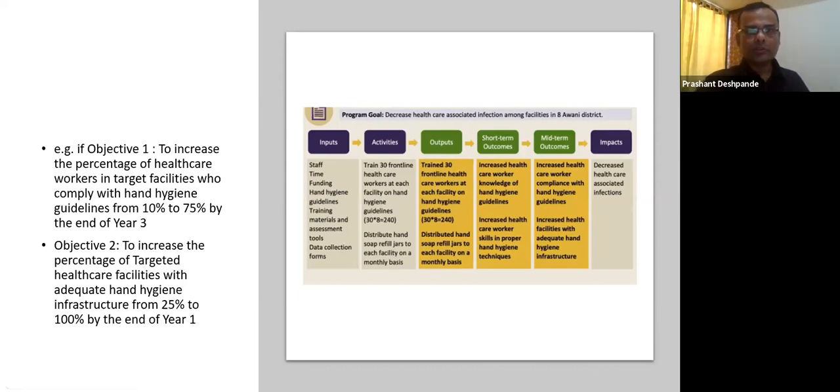So what we did first is, goal and outputs we copy paste from our logic model. So we have this output now, trained 30 frontline health care workers at each facility on hand hygiene guidelines. So will it go under objective 1 or objective 2? Objective 1 says the healthcare workers should be complying with hand hygiene guidelines. Where will it go? Can someone type, please?